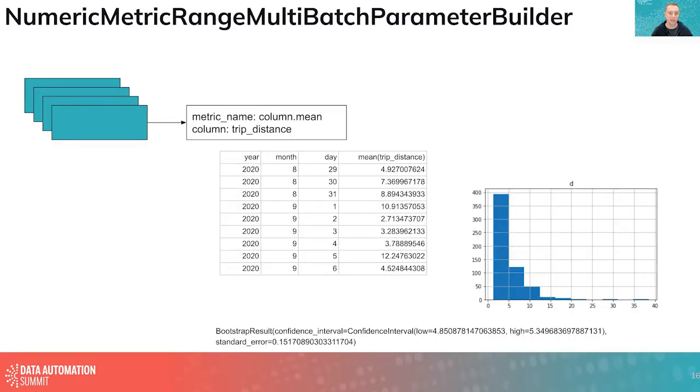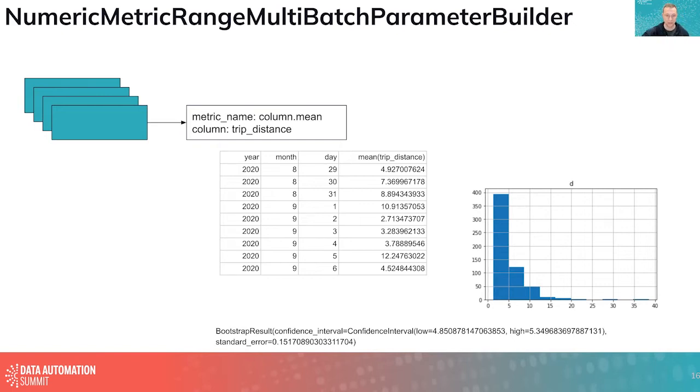It's telling us that we can take a numeric metric, like the mean of a column, and we can compute that across a whole bunch of different batches. In this case, I've batched this up by day, and build a parameter by looking at the purely observational, empirical distribution of values that we've seen.